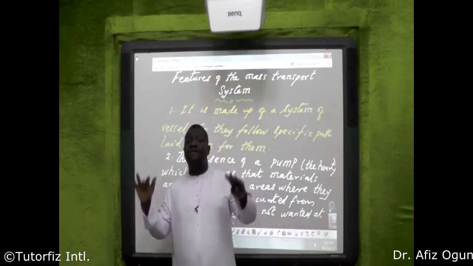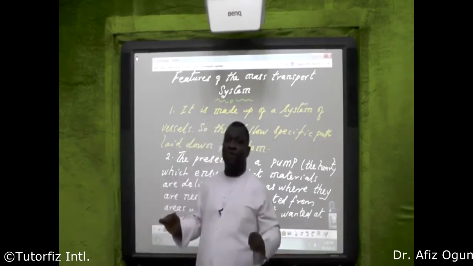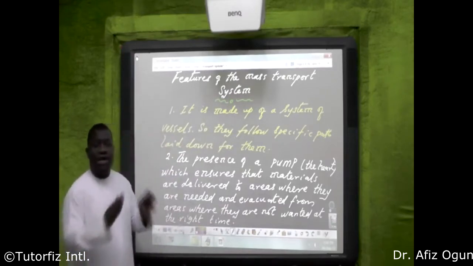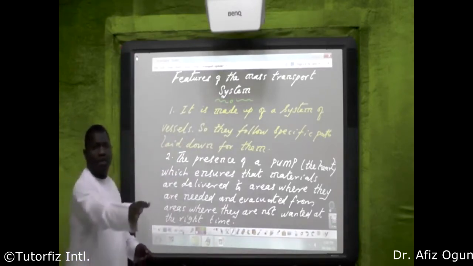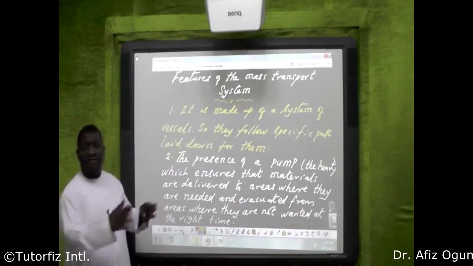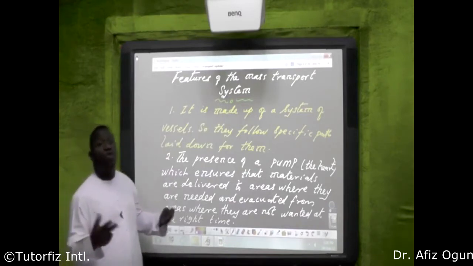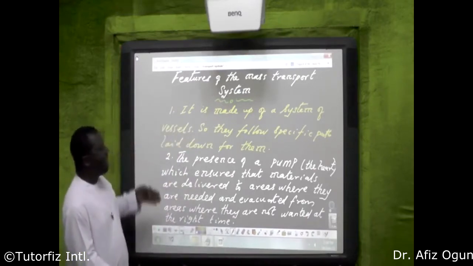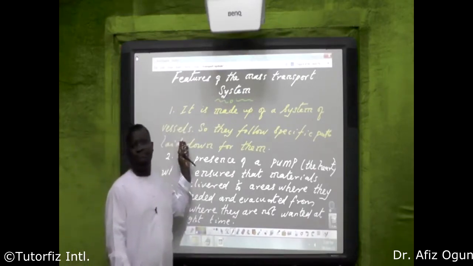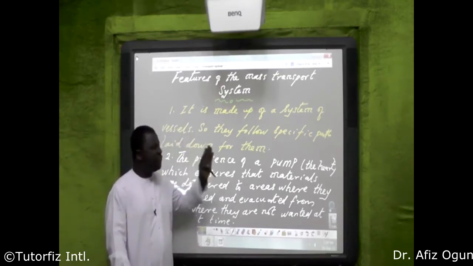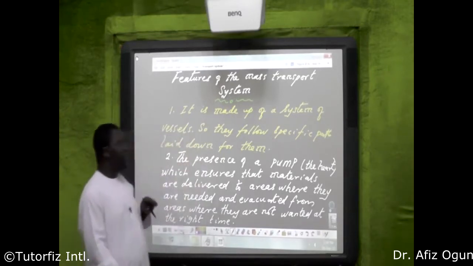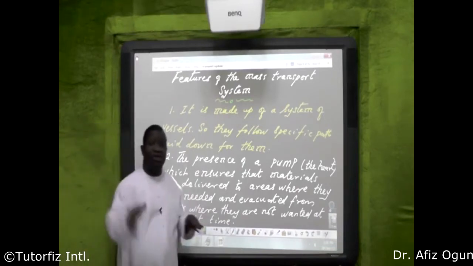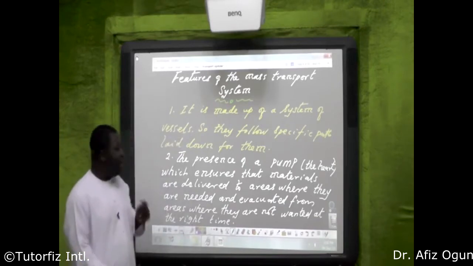Because they follow specific paths, where they are not supposed to go, they will not go. Where they are supposed to go in large amounts, big vessels will go there. Where they are supposed to go in small amounts, small vessels will go there. So this transportation follows specific paths laid down for them.